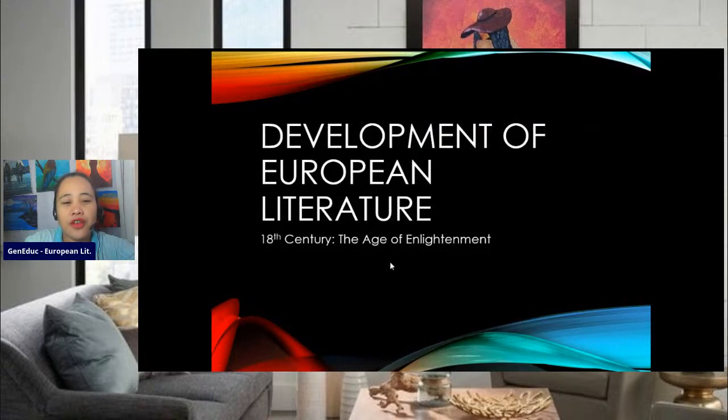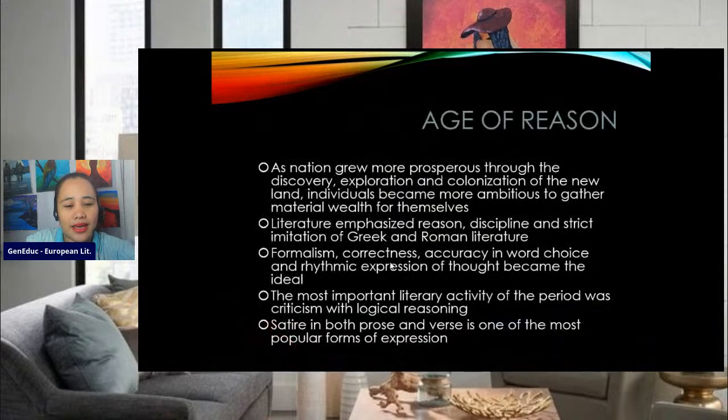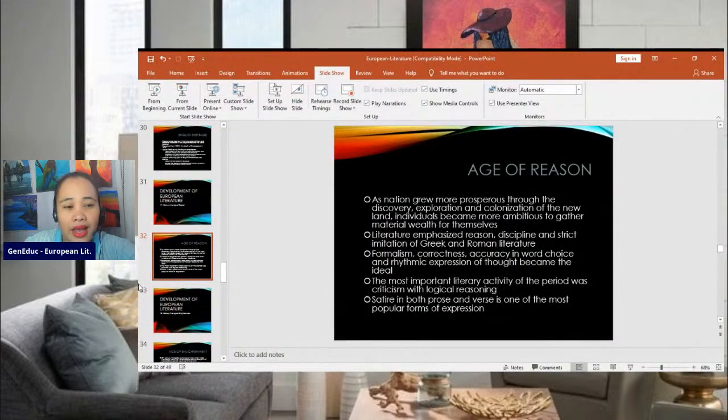Now, the development of European literature in the 18th century, the age of Enlightenment. Oh, by the way, let me ask you number 2 and 3 of set E. Number 2: you had your number 1 a while ago.